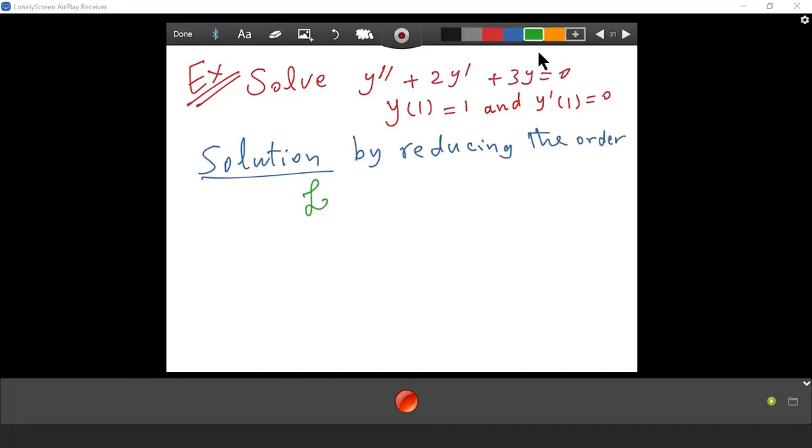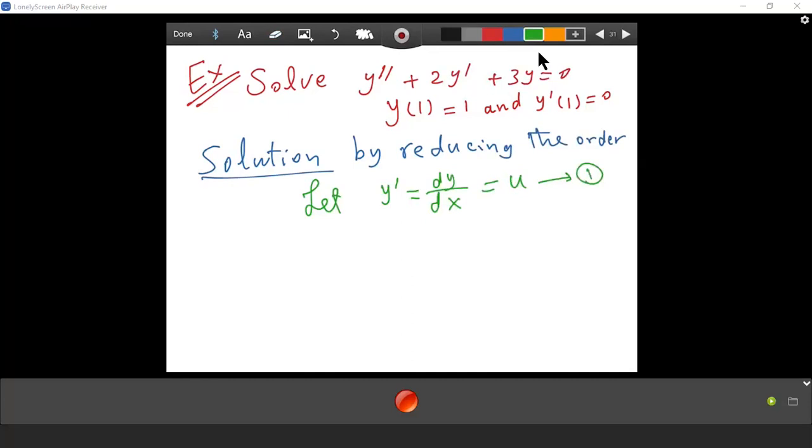You just let y prime, dy/dx, equal u, right? So this is your first differential equation.